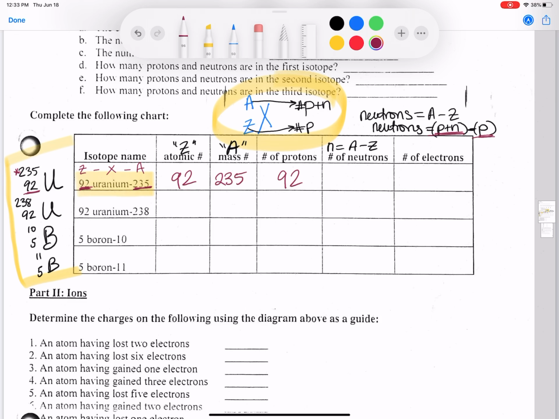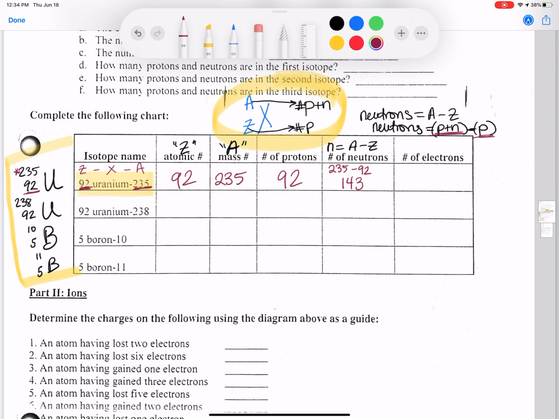Number of protons you can always get from the periodic table. So that doesn't have to directly be given to you with the question. And so for my number of neutrons, I'm going to say 235 minus 92 because that is my mass number and that is my Z number. And so when I calculate 235 minus 92, I get 143.